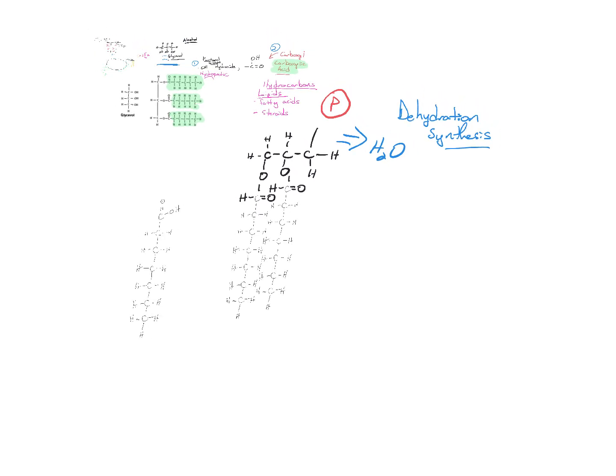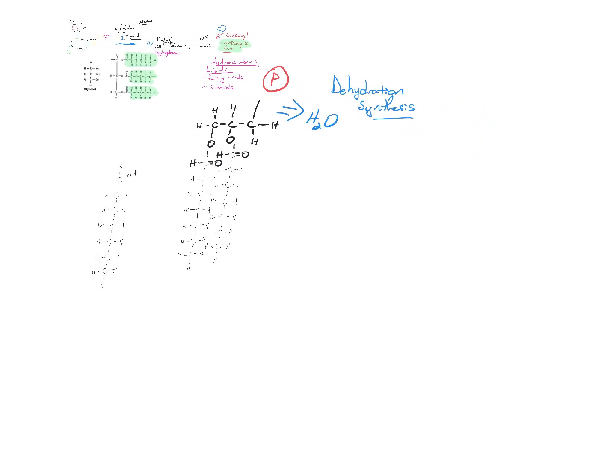So instead of drawing all this, what we can do is just say, look, I have a phosphate head, and coming off this phosphate head, which is not really coming off the head, it's actually coming off the glycerol, I have 2 fatty acids, and I'm going to represent them like this.